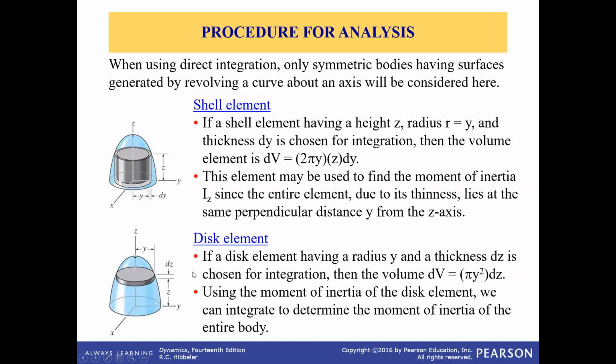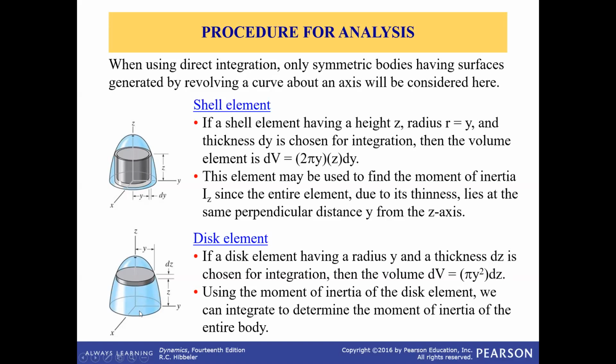And then sometimes you can take a disk element. You can take a small disk, so then the thickness of the disk will be dz. If you take this configuration over here, then it's dz. Then you can again figure out the differential volume of this disk. dV equals pi r squared dz, and r again will be the same as y.